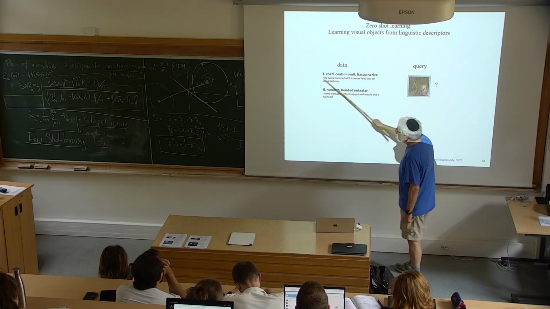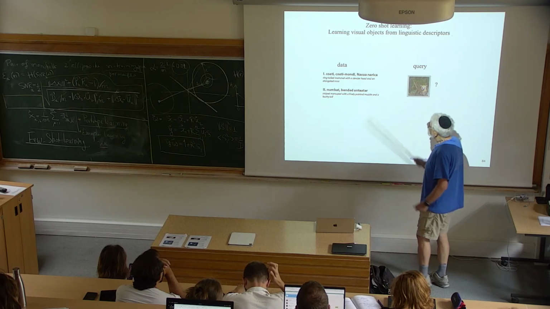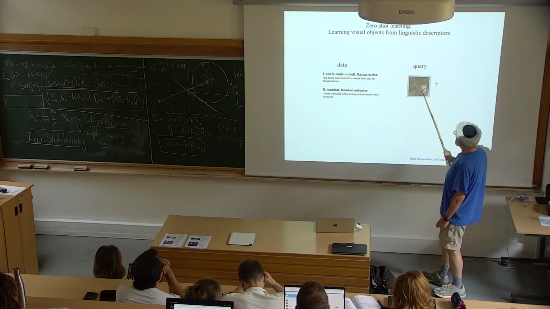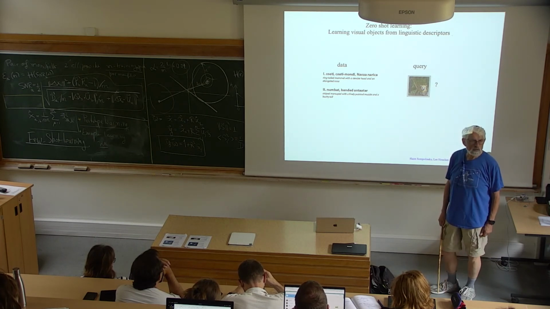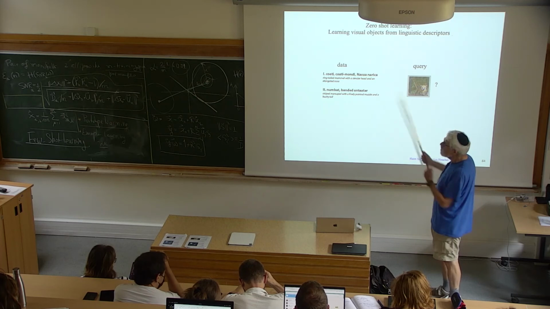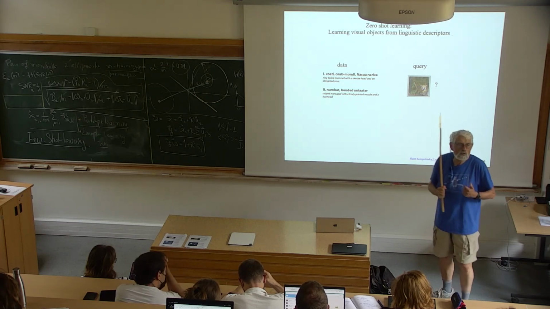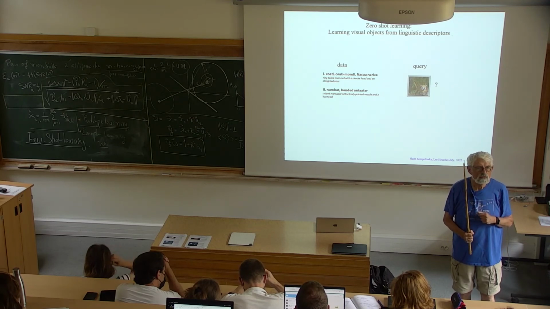So we use this linguistic annotation to infer: is this similar to this or similar to this? There is no visual information. So how are we going to use language to infer about vision?